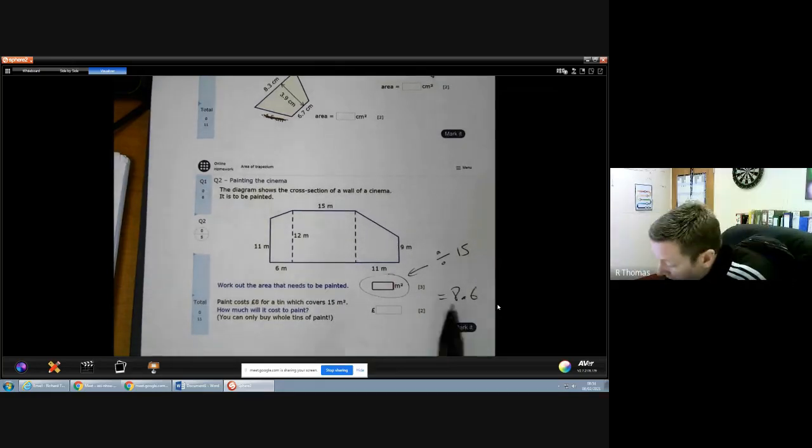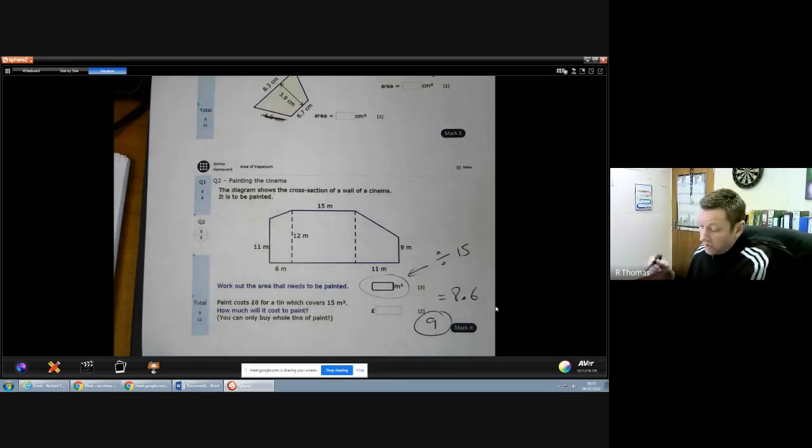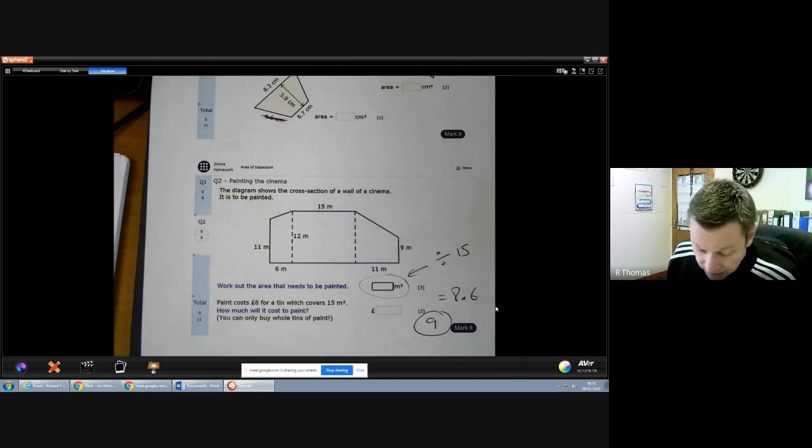Well, you can't buy 0.6 of a tin, so I would need 9 tins. I'm going to have to round that up. Even if it was 8.2, I'd still have to round it up. I'd need 9 tins, and then I'll multiply that by the cost, right? So that's not too difficult. That's nice and easy. Shouldn't take you more than 10, 15 minutes tops.